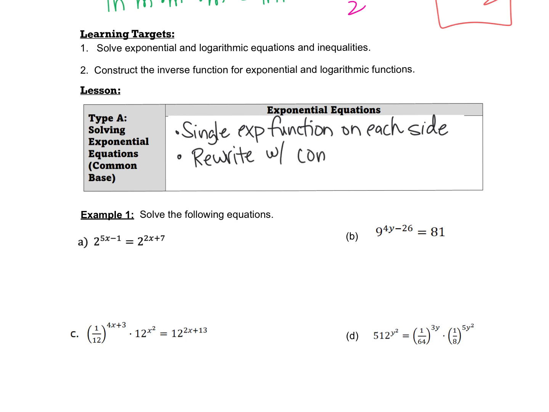All right, so if one side's 2 and one side's 8, 8 could be written as 2 to the 3rd. Okay. And then if the bases are equal, bless you, my exponents are equal. So it's just going to make it a little bit quicker for me to solve this equation. Okay, so we want a single exponential function on each side. If they don't have a common base, we're going to rewrite it with a common base. And if my bases are equal, my exponents are equal. So we can drop the bases and just work with the exponents, which is nice.